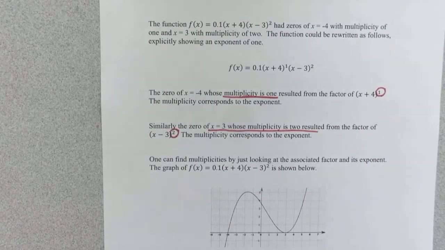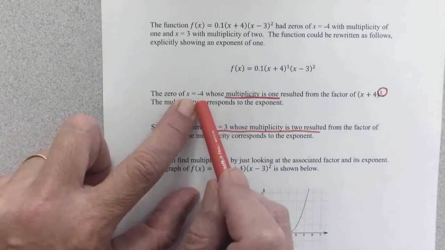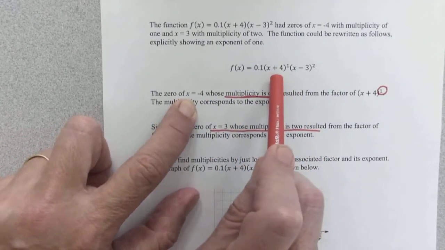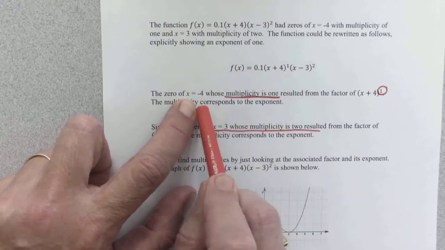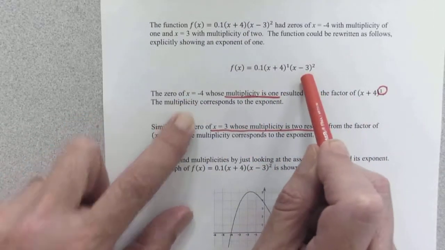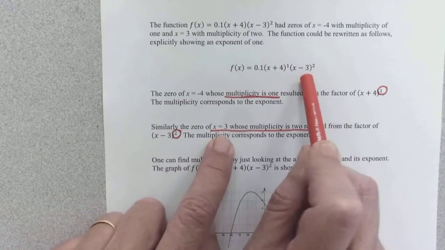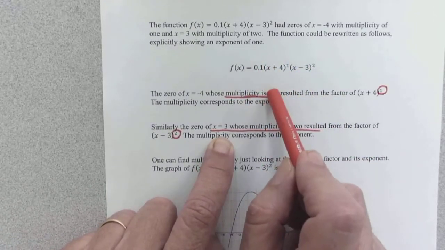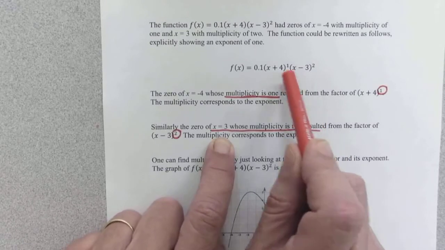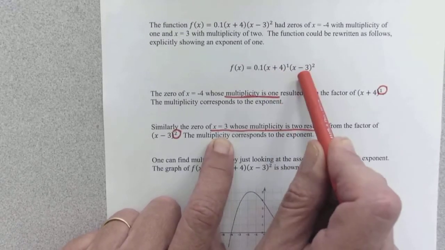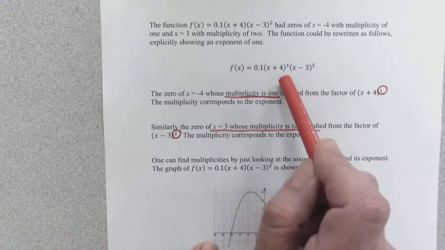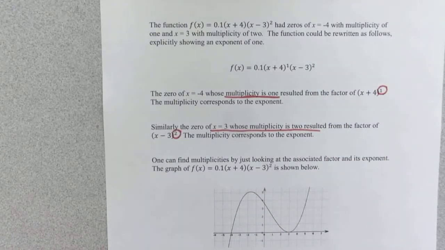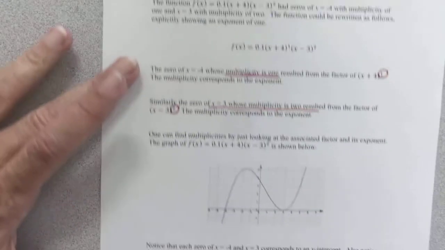And the further thing we can notice: the zero, negative 4, was the opposite of what we saw there. X plus 4 gave us a zero of negative 4. Here, x minus 3 gave us a zero of 3. So when it's in its factored form, you can read off the zeros really easily by taking the opposite of each of those numbers, and you get the multiplicities by looking at those exponents.